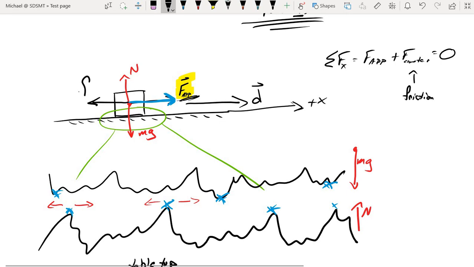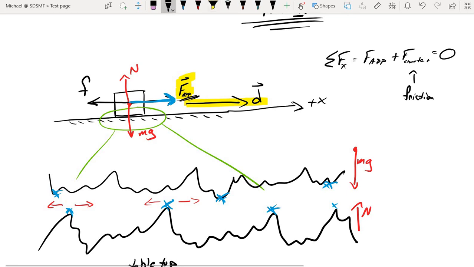So our friction force is going to be pointing in a direction opposite of whatever the implied direction of motion is. Our applied force is attempting to move the block to the right. As such, the friction force has to oppose that by pointing to the left.